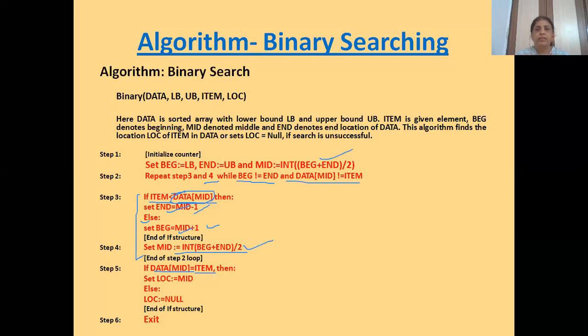If the searched item is greater than your data at mid, then your search will be in the second half and your beginning is going to change. And if your search item is less than your data of mid value, then your search will be in the first half and your end is going to change. So this step you have to repeat again and again, and every time your mid value will be according to the new beginning and end. These two steps you need to repeat.